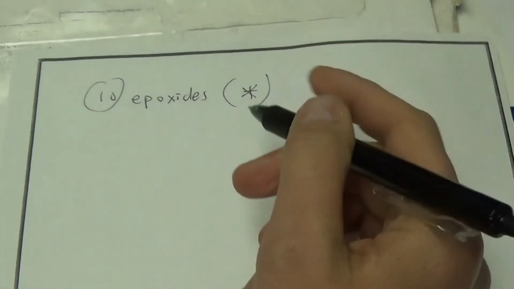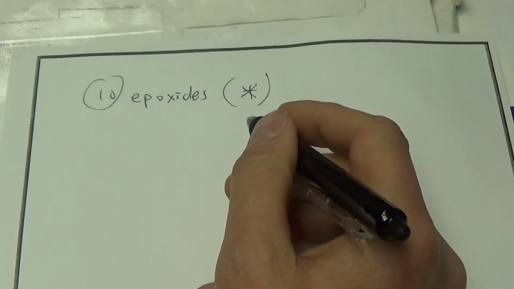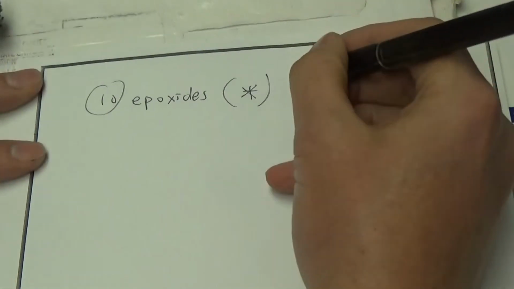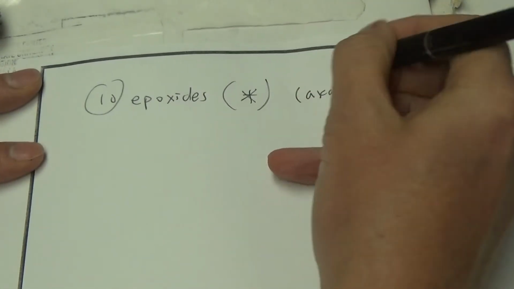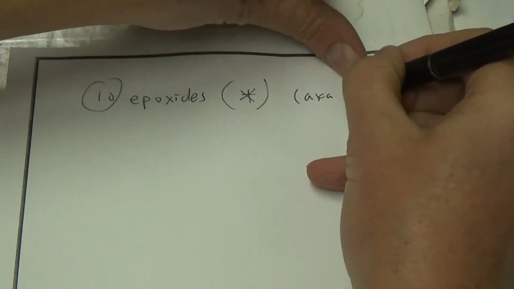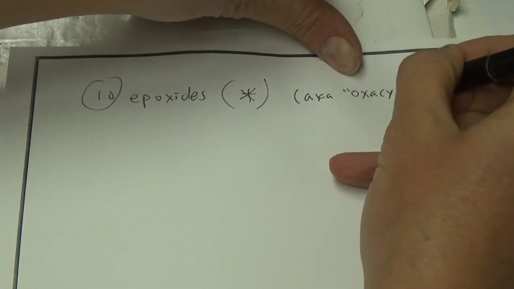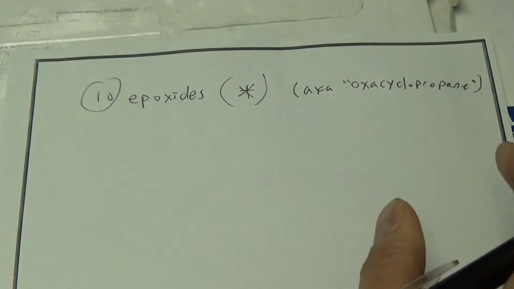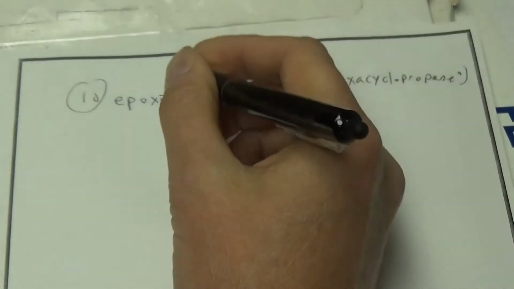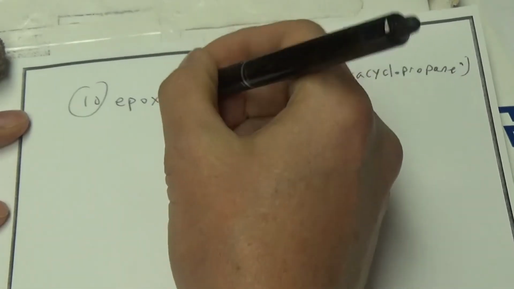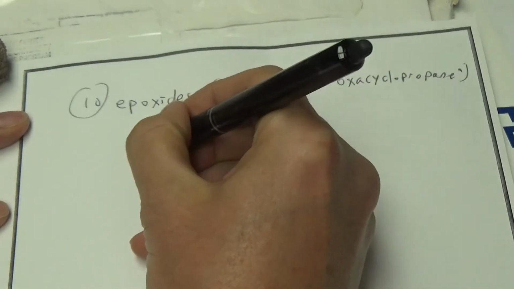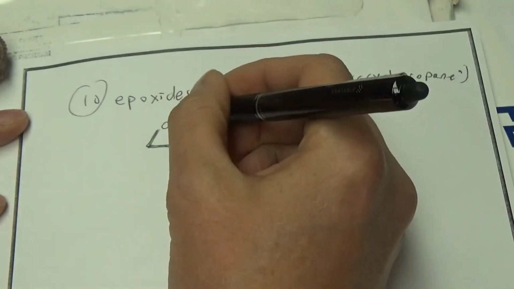We introduced the concept in the PowerPoint, and they also have another name called oxycyclopropane, which is not very commonly used, but generally speaking, it's a cyclic ether, a three-member ring ether.